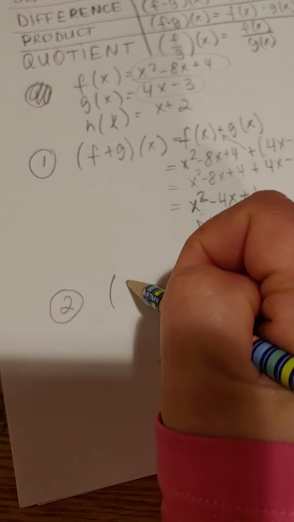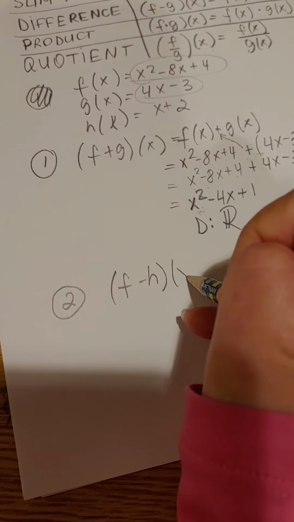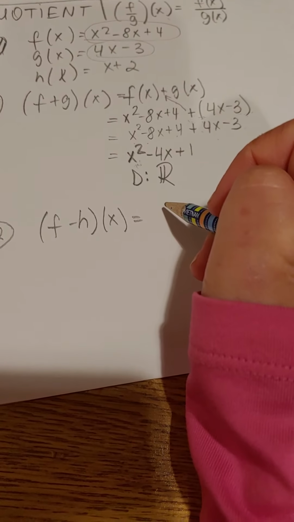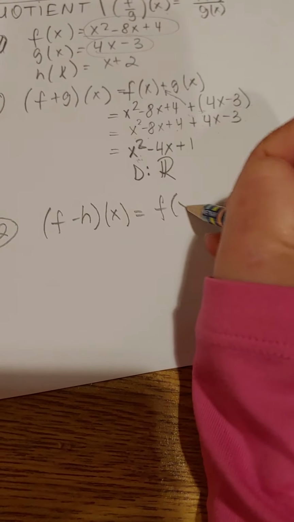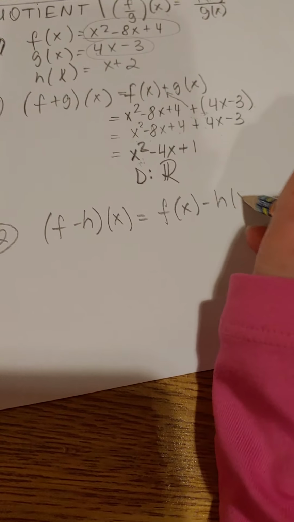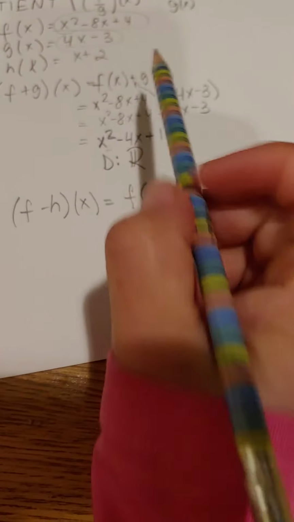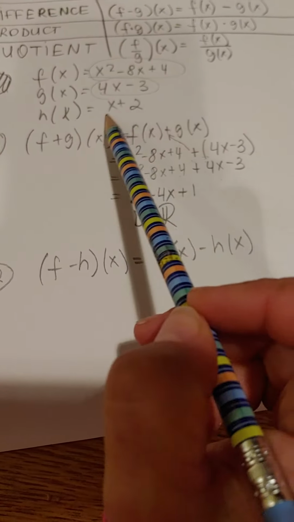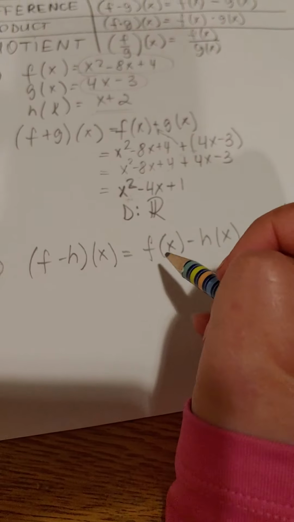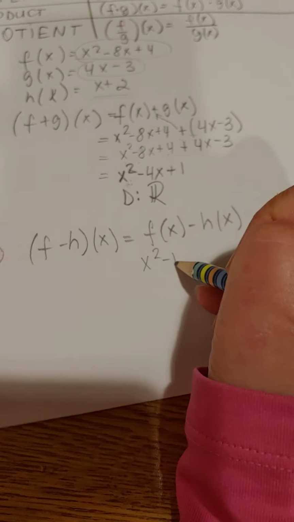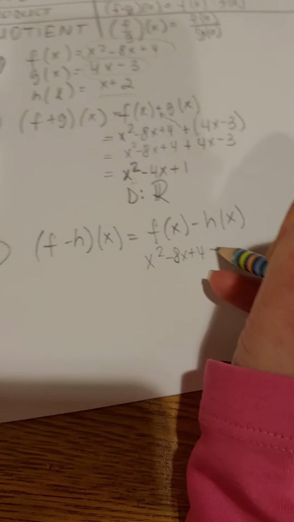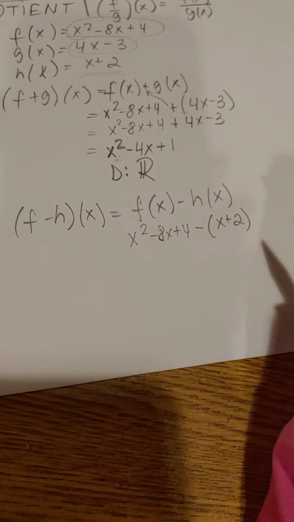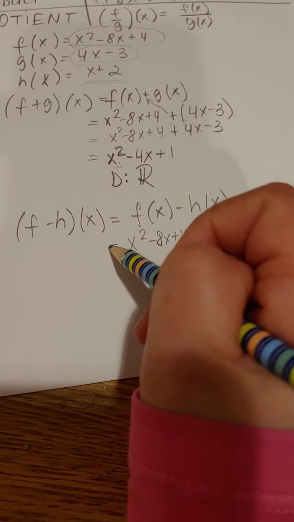All right, f minus h of x. So we're going to use our rule, the difference. So it's the same thing as f of x minus h of x. My f of x is this stuff right here, and h of x is this. So f of x is x squared minus 8x plus 4 minus, and then here we really need those parentheses because we have negative in front.